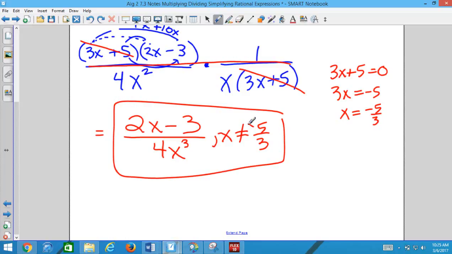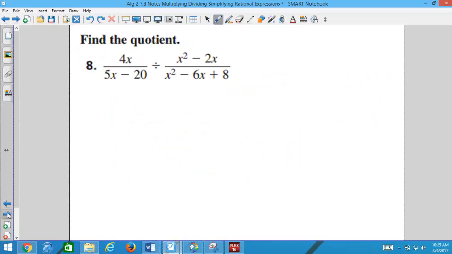That's all we do. Well, you're going to do 2 student examples. That's fine, the quotient part. What's quotient mean? The divide. The answer after you divide. So you try them. We'll go over them together too, but you try them.